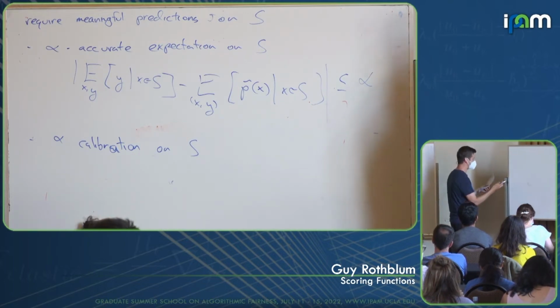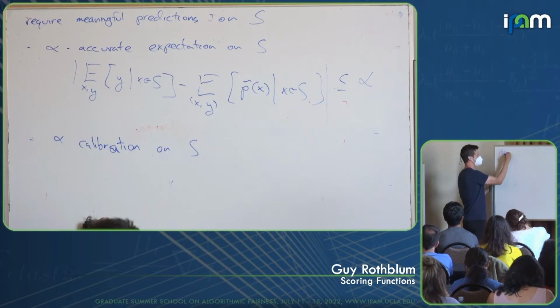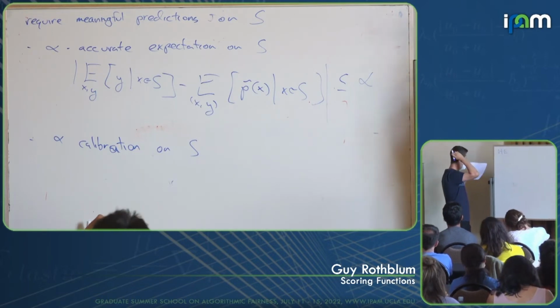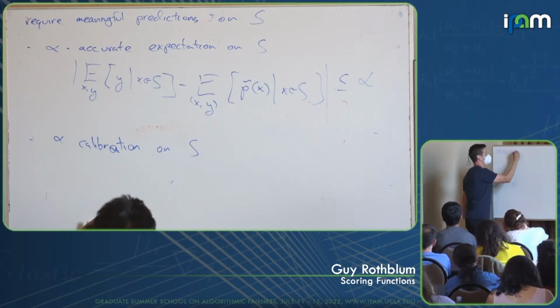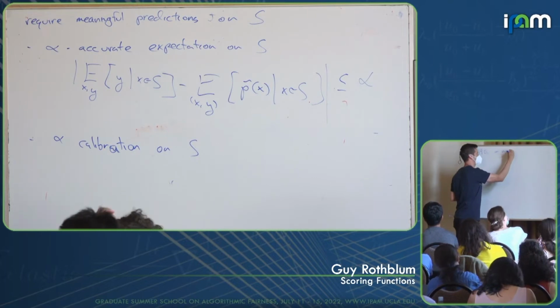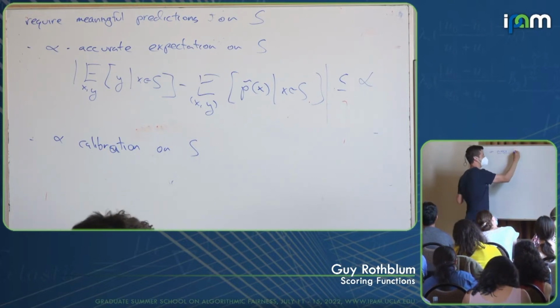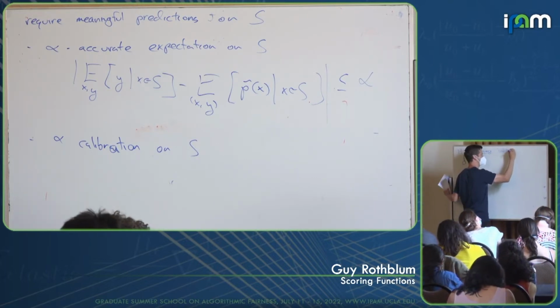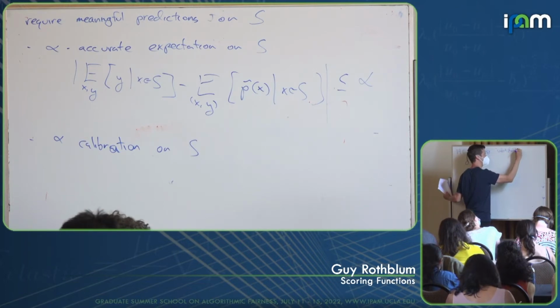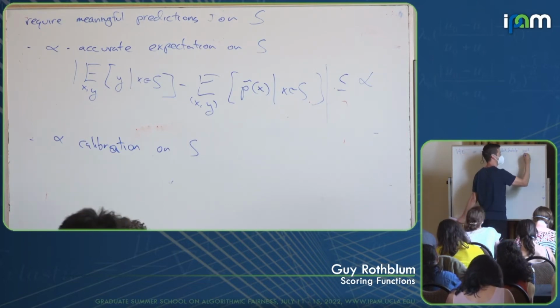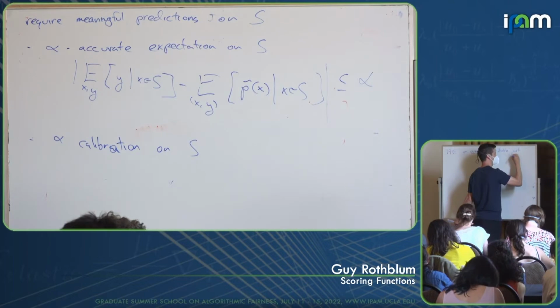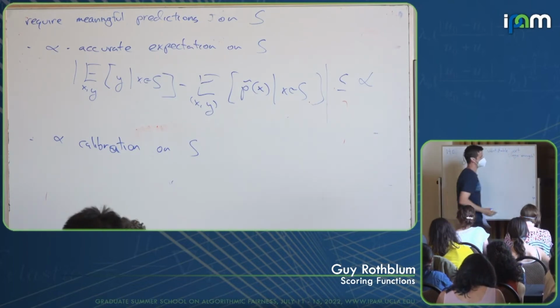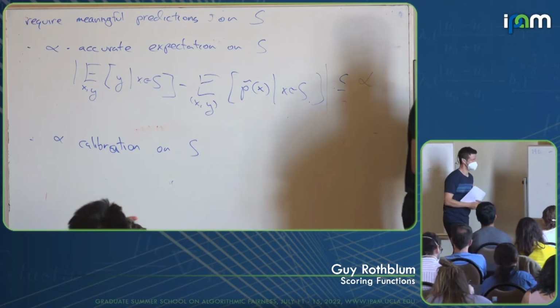So I want accurate expectations, I'll just call that AE, on every identifiable set. And I will also say we need them to be large enough in terms of their mass according to the distribution.